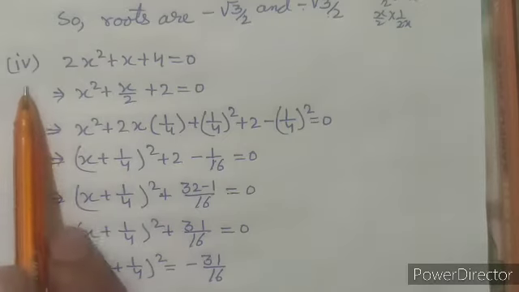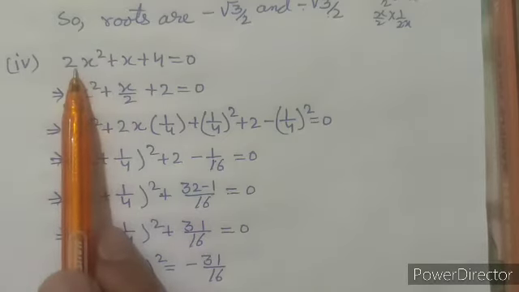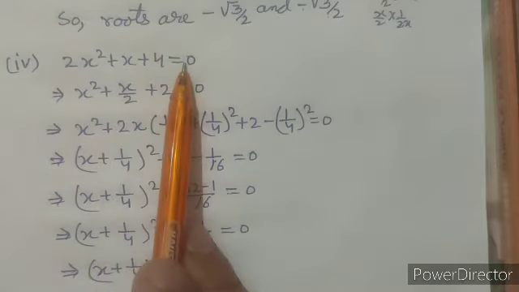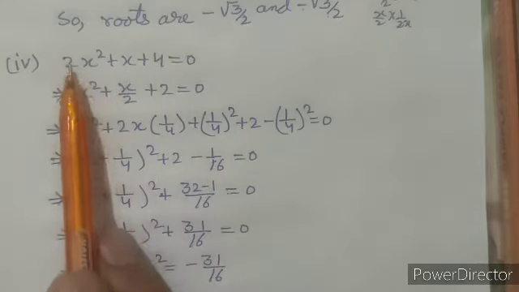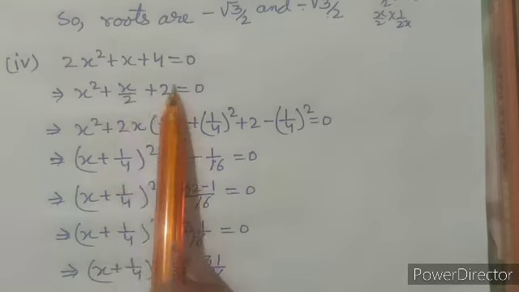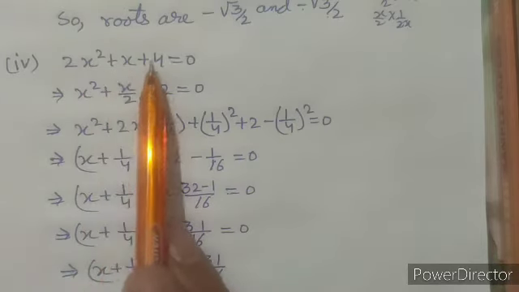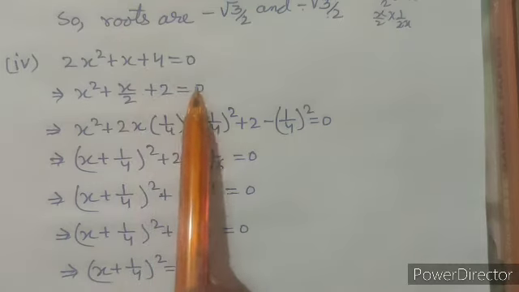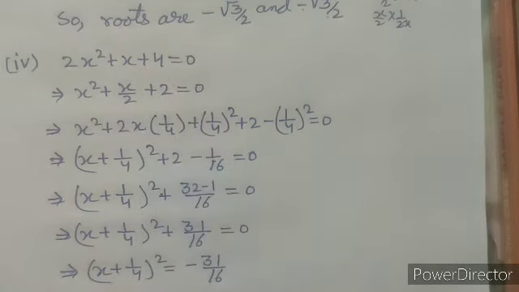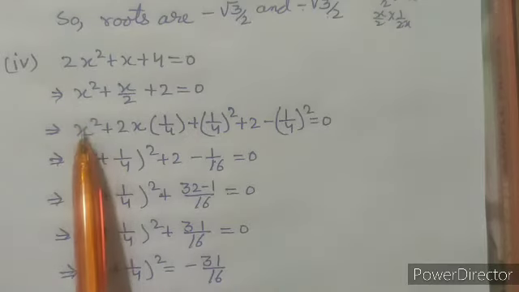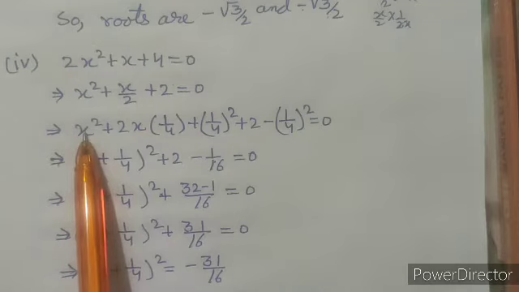In the fourth part of the question, the quadratic equation given to us was 2x square plus x plus 4 equal to 0. Here the coefficient of x square is 2. So on dividing the whole equation by 2, we will get x square plus x by 2 plus 4 by 2, that will be 2, equal to 0 by 2, that will be 0. Now on converting it into a perfect square, x square will come as it is.